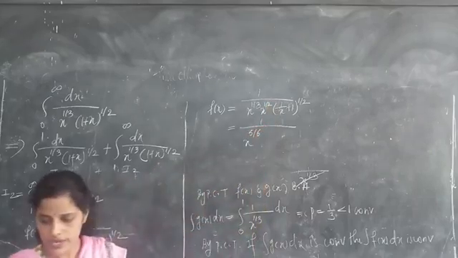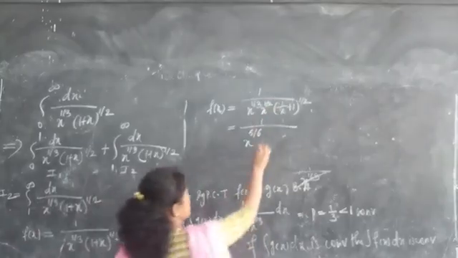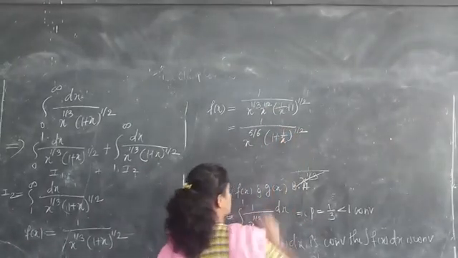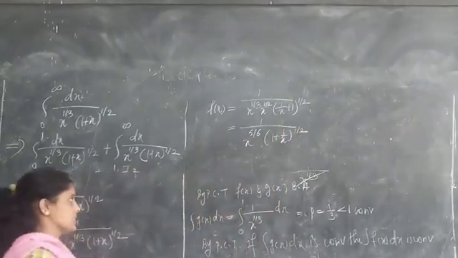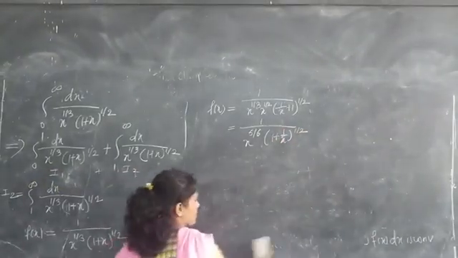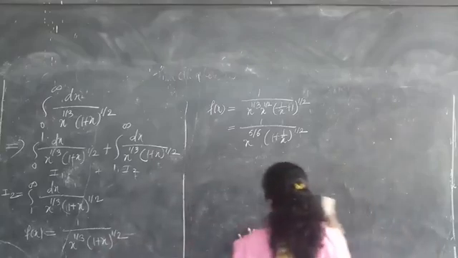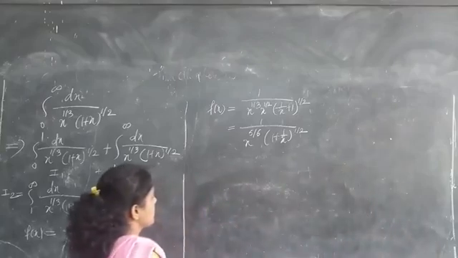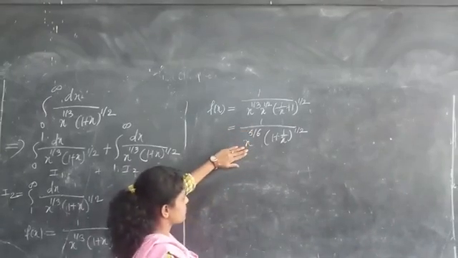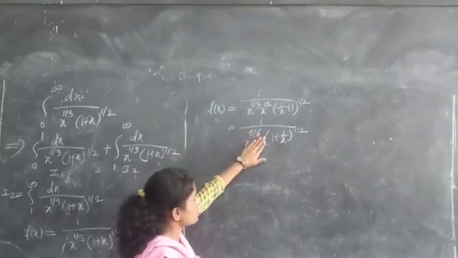So f of x is 1 divided by x to the power 5 divided by 6 times (1 plus 1 divided by x) to the power 1 divided by 2. So we can choose g of x as 1 divided by x to the power 5 divided by 6.